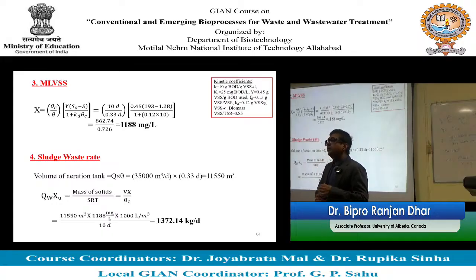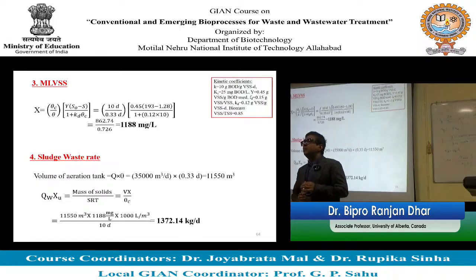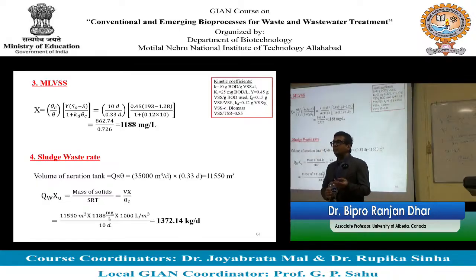In North America, we have 3 very popular software. BioWin is developed in Canada by a company called EnviroSim. There is another software called Sumo, which is more like open source software, so you can even modify it. Sumo is getting very popular right now, and there is another software, GPS-X.